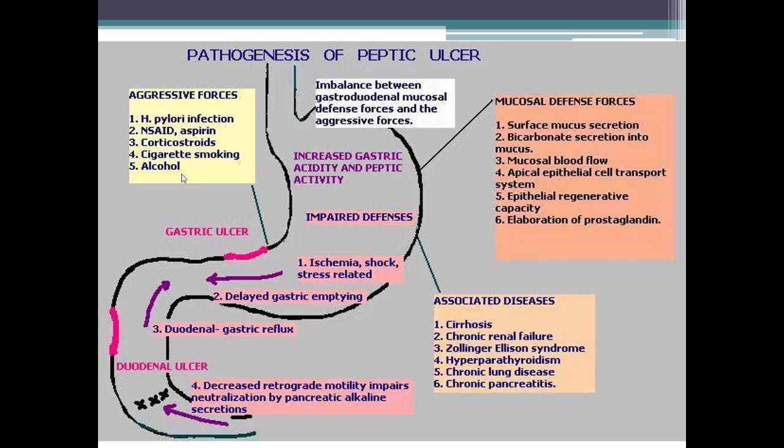Basically, there is impairment of bicarbonate secretion. The blood flow of the mucosa would be impaired, and of course, epithelium regeneration is also impaired, and by blockage of prostaglandin. So these are the factors that protect the mucosa, that if you block them, or if any risk factor could block this, leads to peptic ulcer disease.